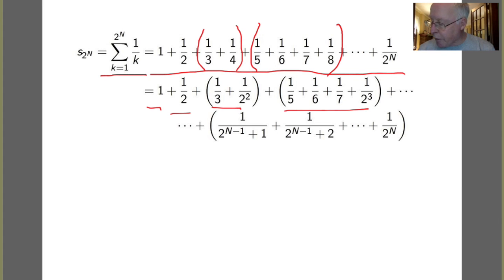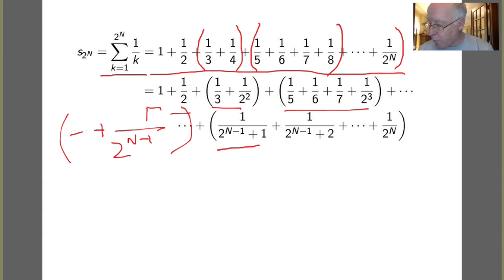And at the end, we're going to group down to the 1 over 2 to the n. That'll happen from 1 over 2 to the n minus 1 plus 1. Before this, we'll have grouped 1 over 2 to the power n minus 1 and some stuff before it in the parentheses. And so the last one will look like this.